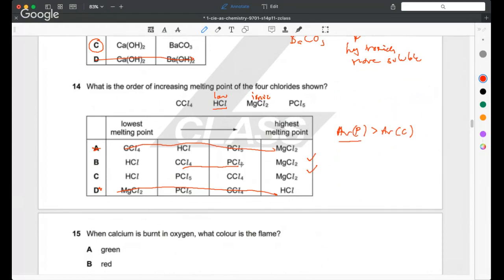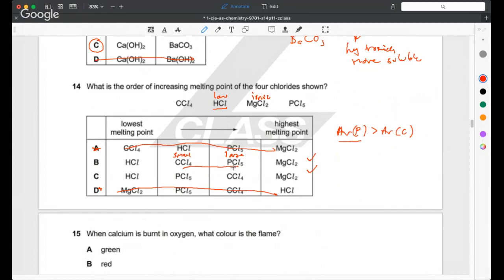But there's another thing you have to bear in mind as well, and that is the size of these molecules. Now, carbon tetrachloride is going to be much smaller than phosphorus pentachloride. So this is small, and this is large. This is a larger molecule, and this is the smaller molecule.